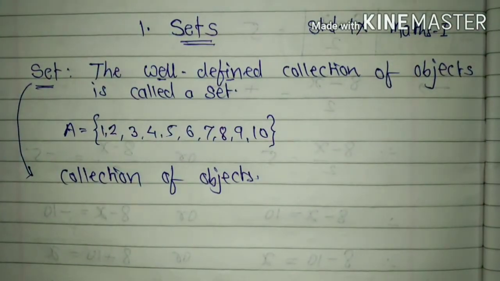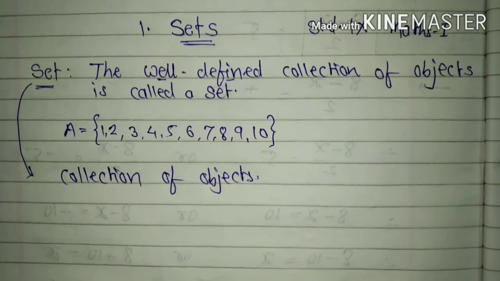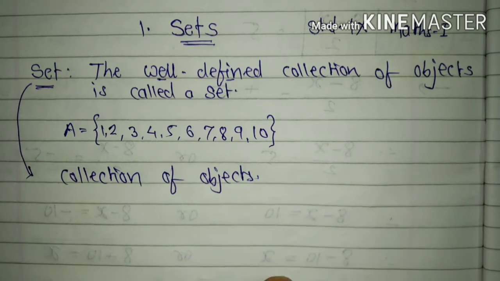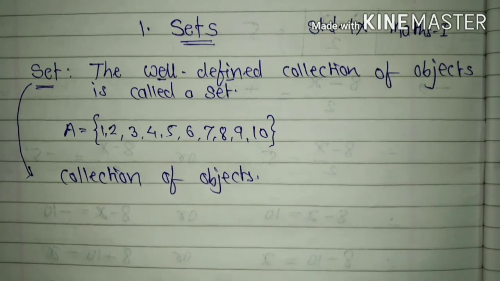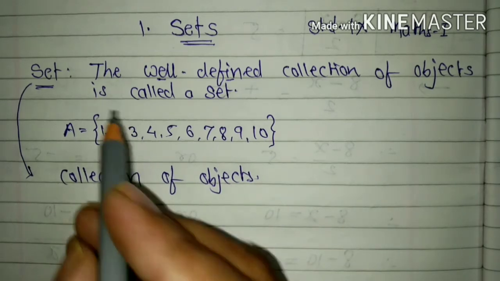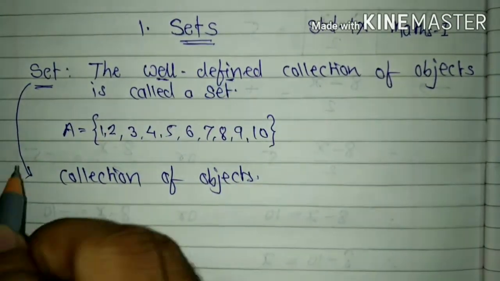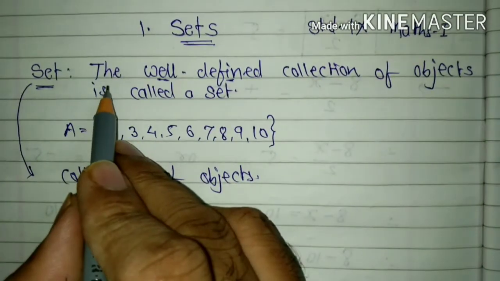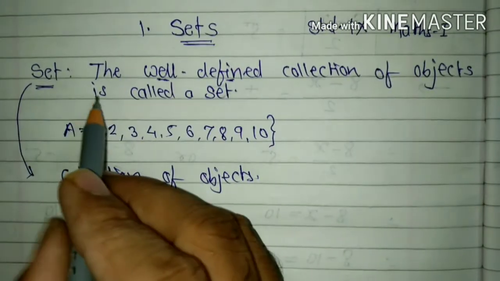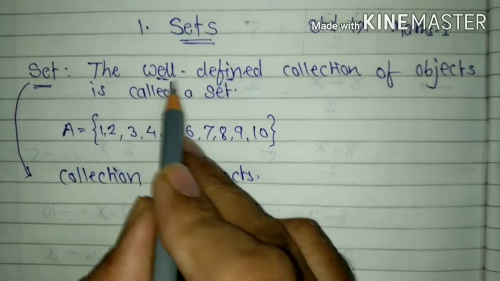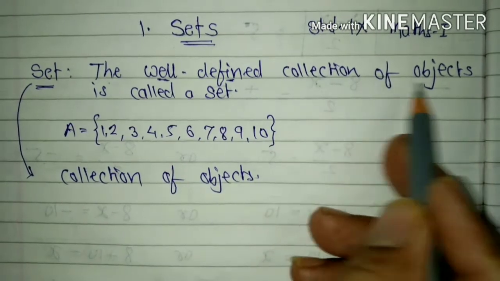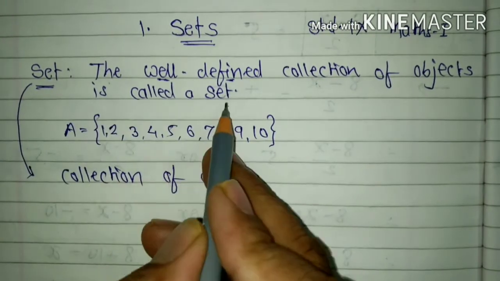For example, a flock of birds, a pack of cards or a bouquet of flowers and so on, these are not well defined. If the collection of objects is well defined, then we can say this is a set. The definition of a set is: a well defined collection of objects is called a set.